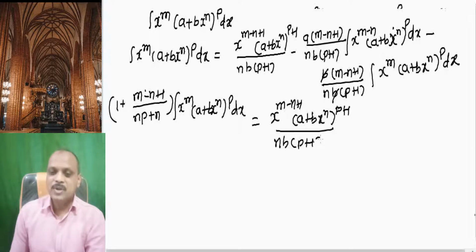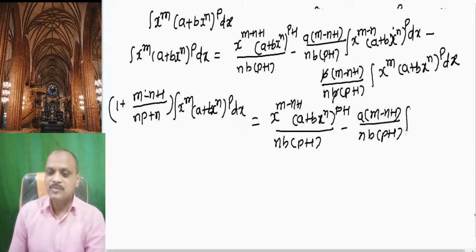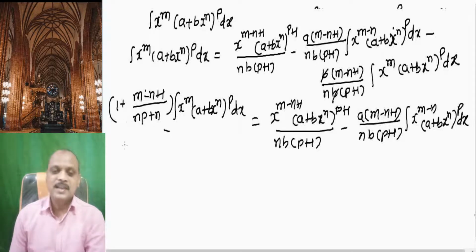So on the right we have minus a into (m minus n plus 1) divided by n into b into p plus 1, into the integration of x raised to m minus n into (a plus b x raised to n) whole raised to p into dx. Okay, now let us take the LCM on this side.